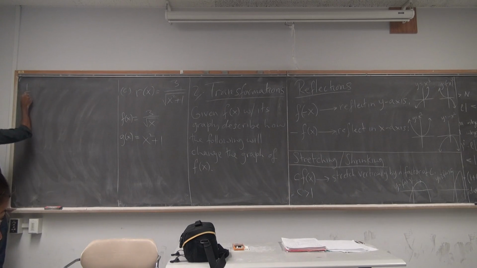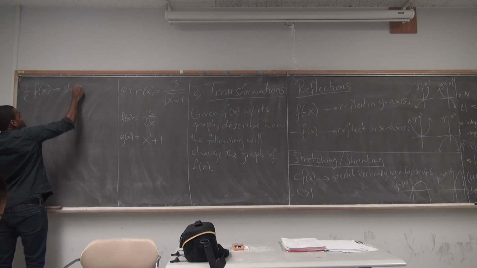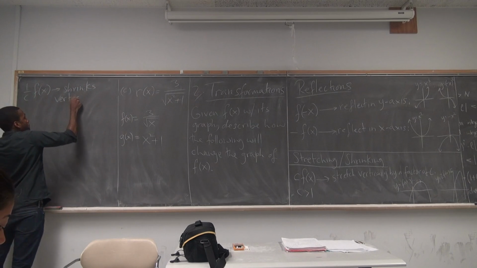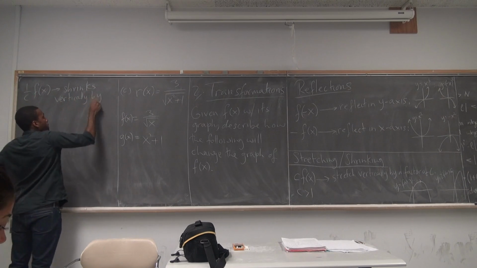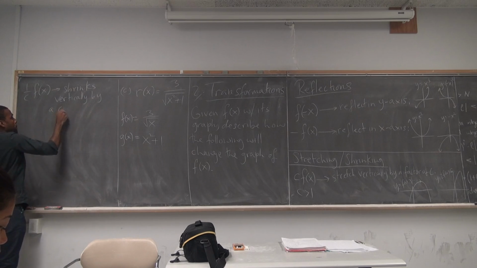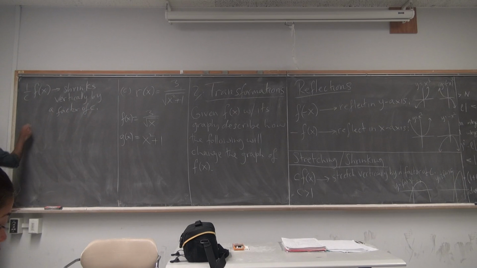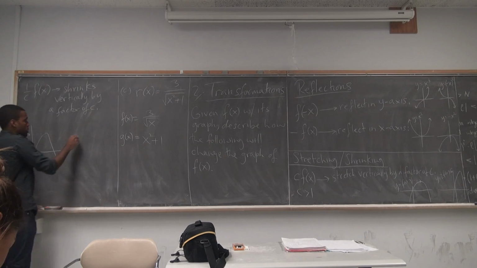And similarly, if I did 1 over c, this actually shrinks vertically. Graph. And this is 4.